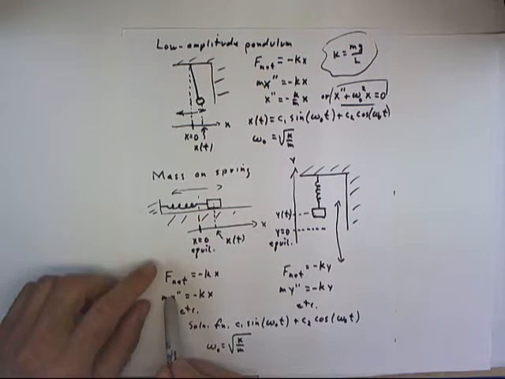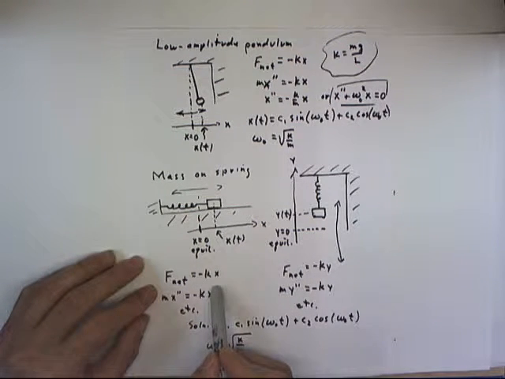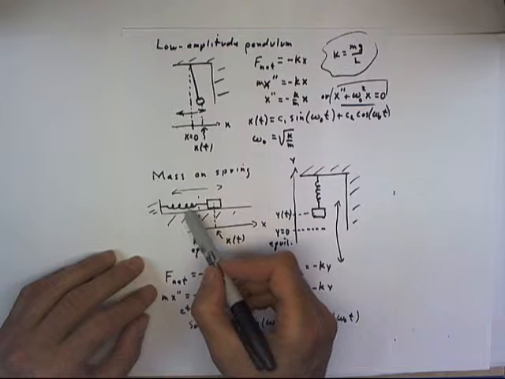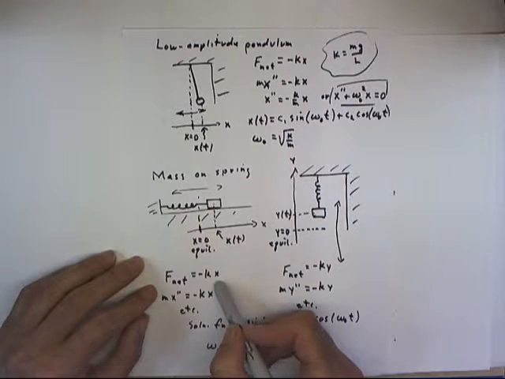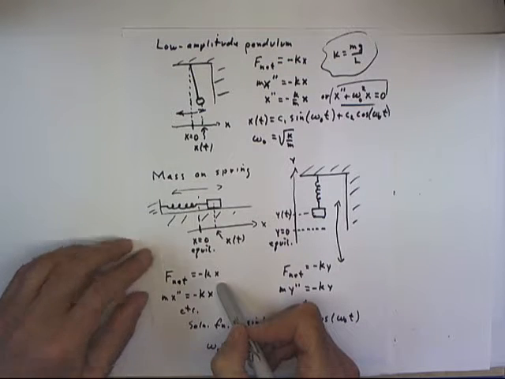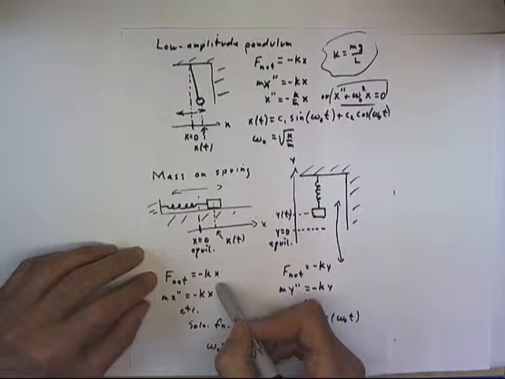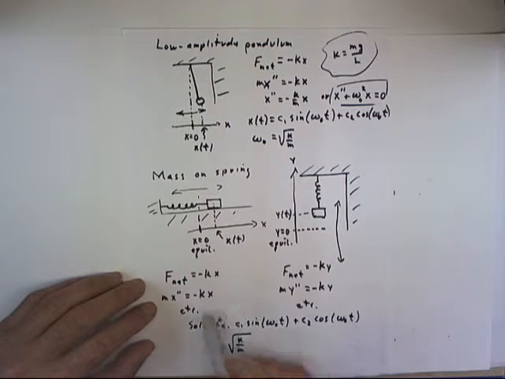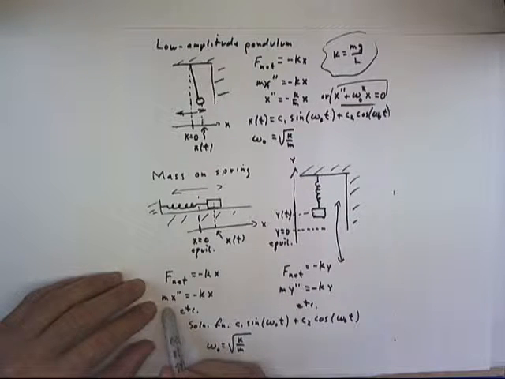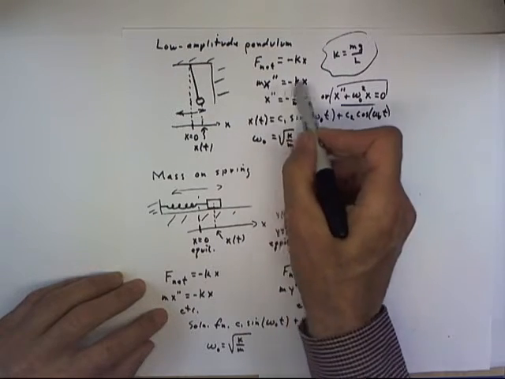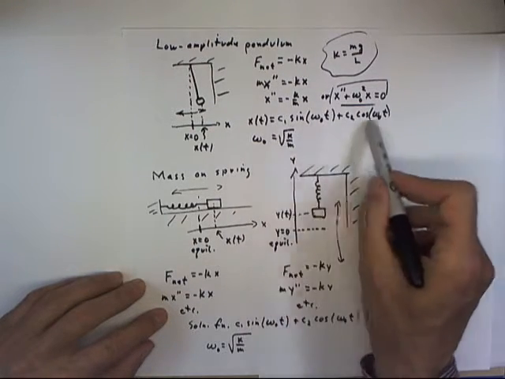In this case, again, we get F net equals negative kx, assuming an ideal spring. That's simply the law that works for an ideal spring, and a well-made spring approximates this ideal very well. From this we get the same equation that we had before, and everything else follows the same.